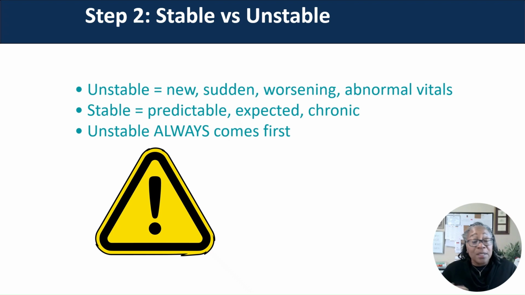So, unstable: something's new, something's sudden, something's worsening, abnormal vital signs, high risk lab values, respiratory problems, active bleeding, and a MAP less than 65. Now, your stable patient: chronic condition, expected outcomes, the condition is improving, normal vital signs, and their pain is controlled. The NCLEX will always prioritize your unstable patient.